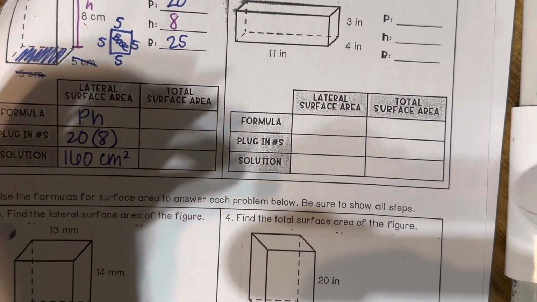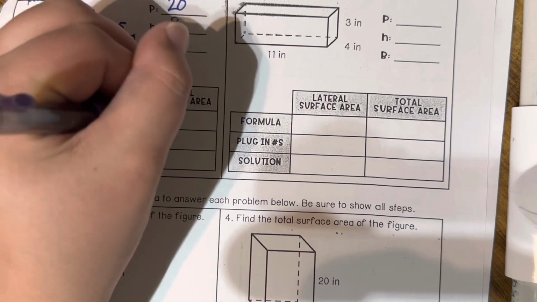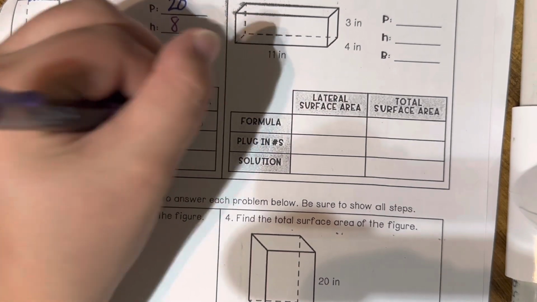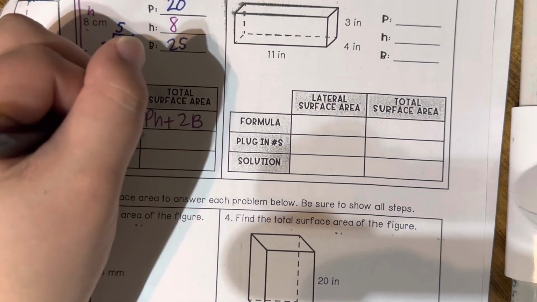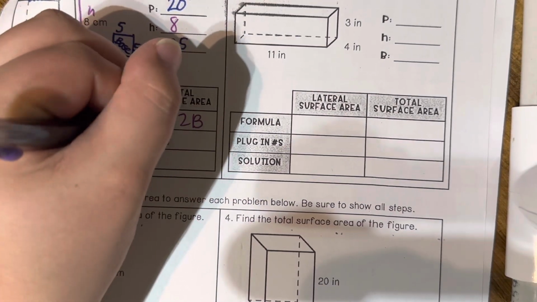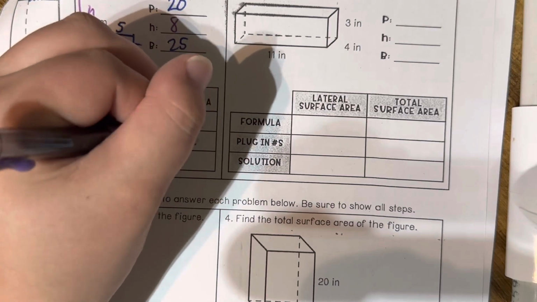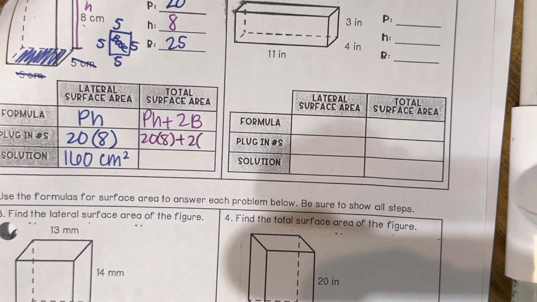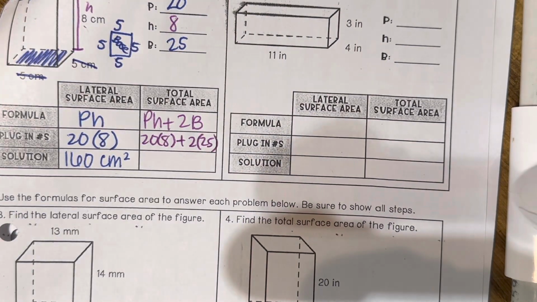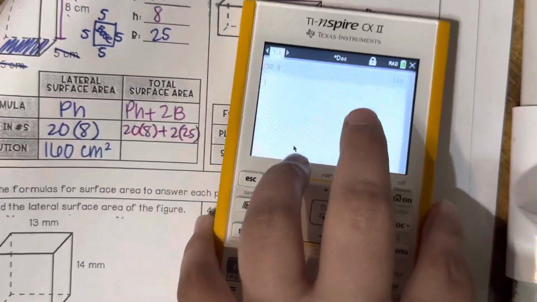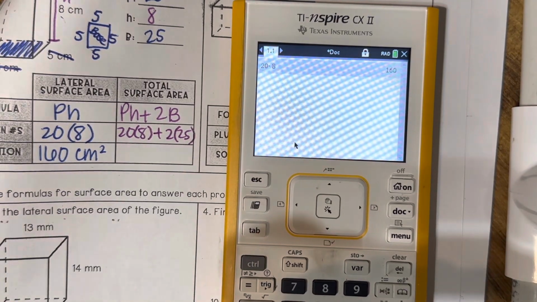Total surface area, my formula is pH plus 2 times big B. I've already identified my variables, so my P is 20 times my H, which is 8, plus 2 times my area of my base, which is 25. And then I can type that into my calculator exactly how it looks.